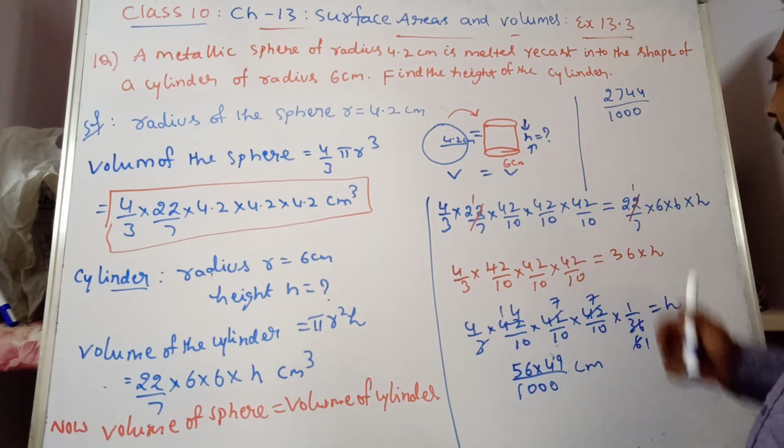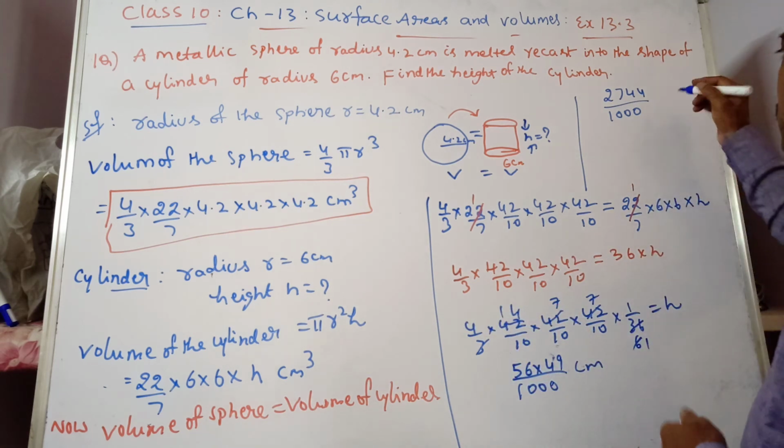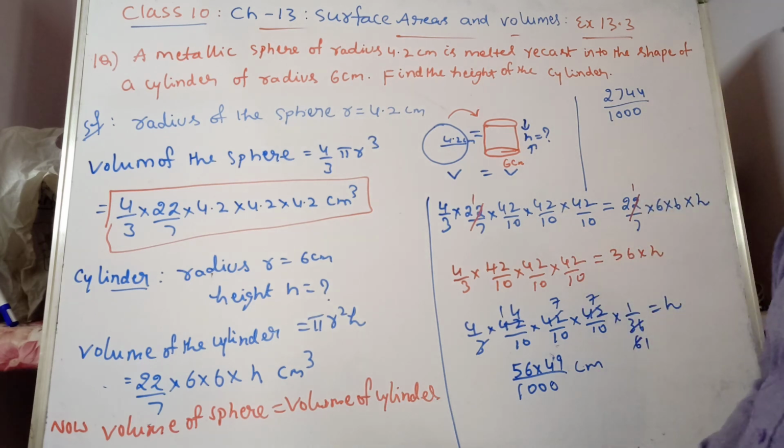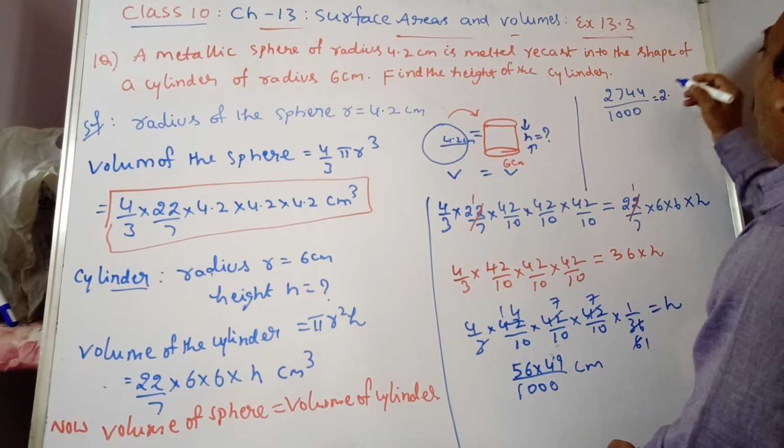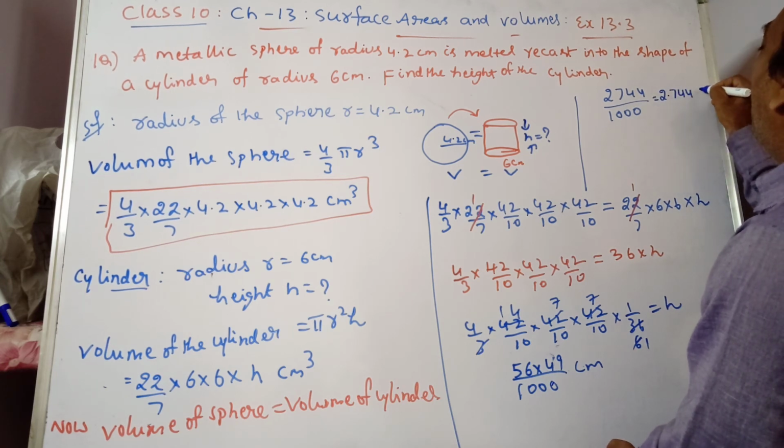You will obtain 2744 by 1000, whose value is approximately 2.744.